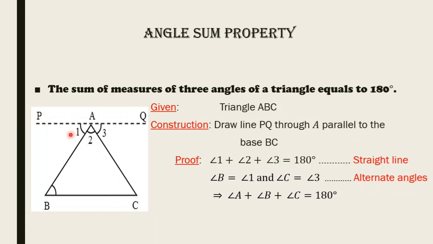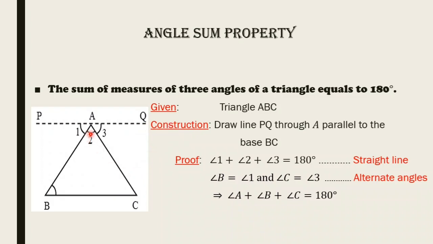So here you can see angle 1 plus angle 2 plus angle 3 is equal to 180 degrees, because all these three angles are in a straight line.